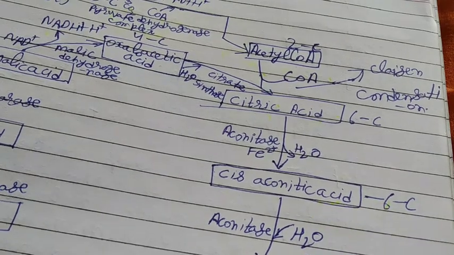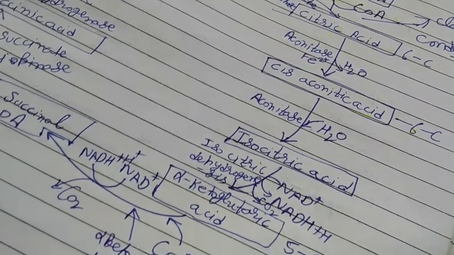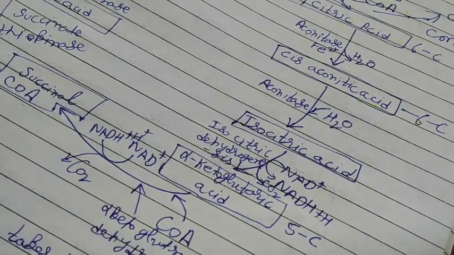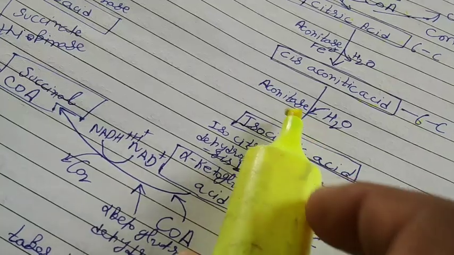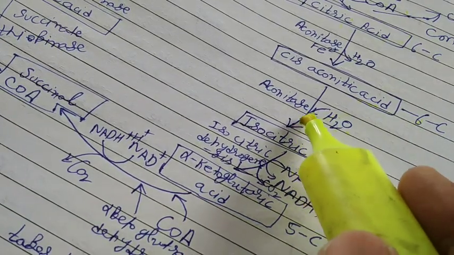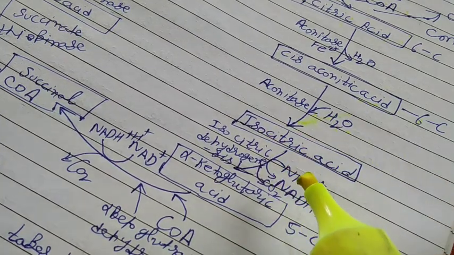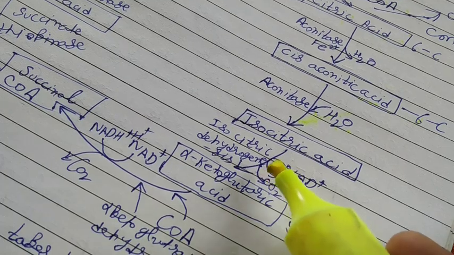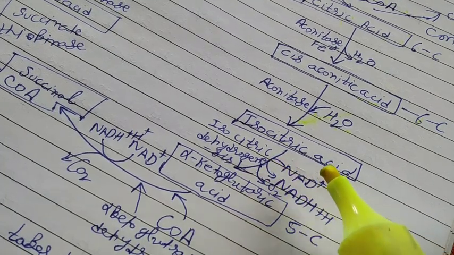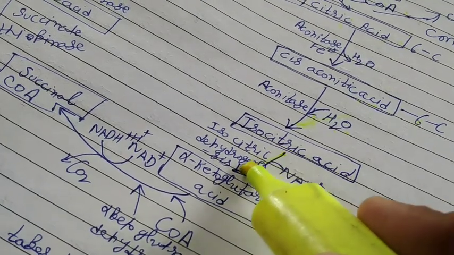And now aconitase, this one, and H2O, this one, add, and there is formation of isocitric acid. It is done. Now we move to the next step.